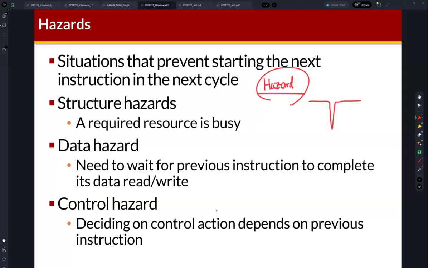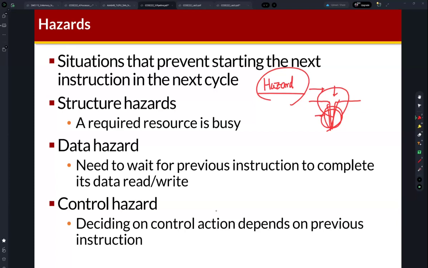If we encounter this crack while running, we need to reduce our speed, right? Because we need to handle this situation. The meaning of hazard is this crack in the ground, in the real world.